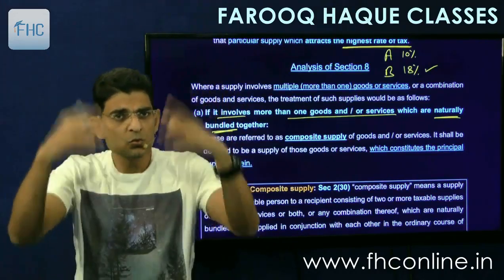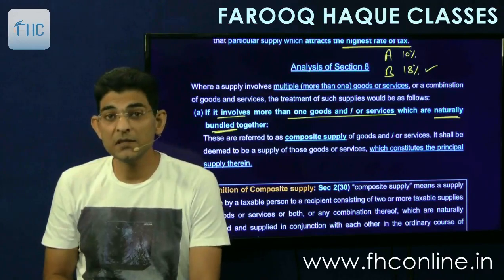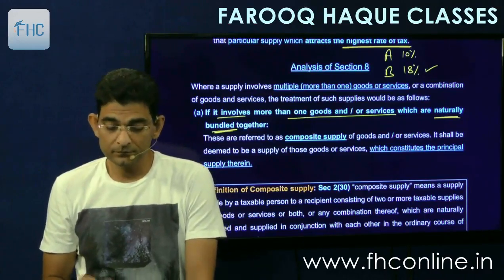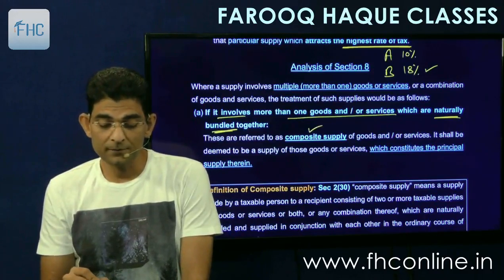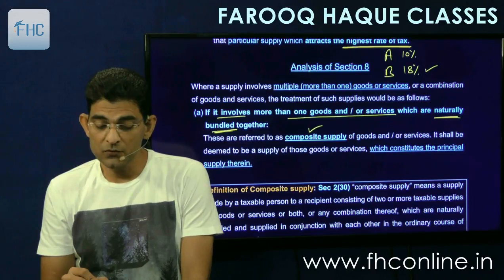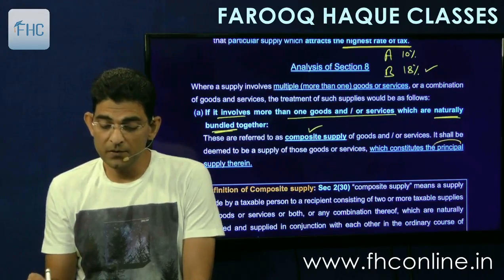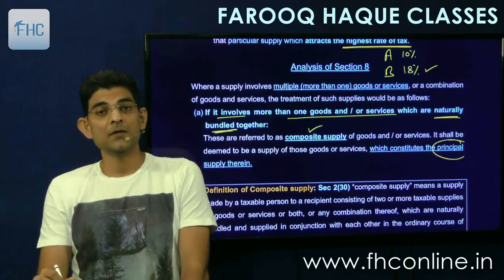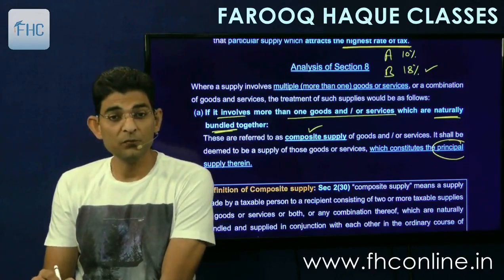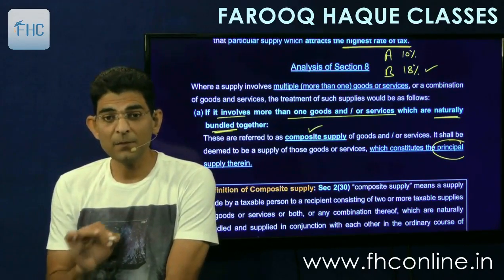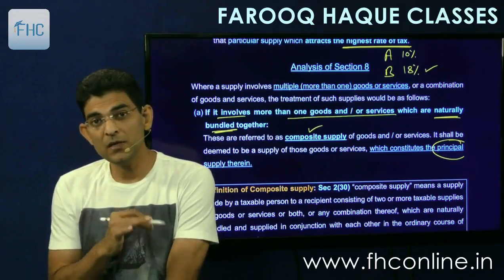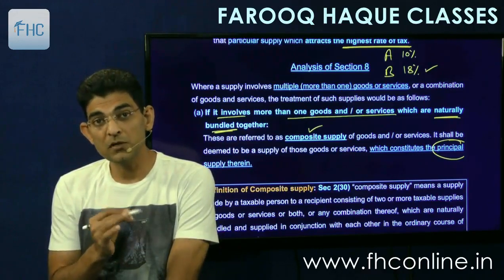It is the usual practice of business to sell these two things together. These are referred to as composite supply of goods and or services. It shall be deemed to be a supply of those goods or services which constitutes the principal supply therein. So in case of composite supply, we'll apply the rule of principal supply. Whatever is the main supply, the rate applicable to that will be applied to the total composite value.